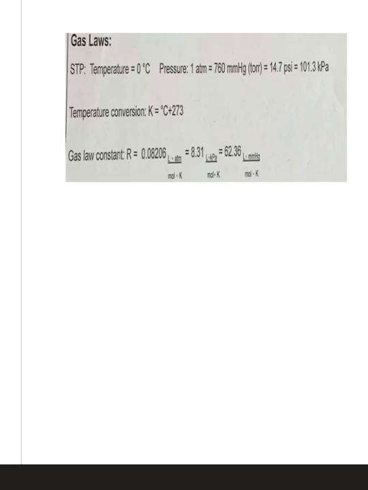And when I look at this graphic, I see STP right here, and it says standard temperature is 0 degrees Celsius, which is 273 Kelvin. And standard pressure, there are 4 different values for each of the different units of pressure. And so basically all you have to do is match the unit of pressure to the unit of pressure that is in your problem, and you will have standard pressure.